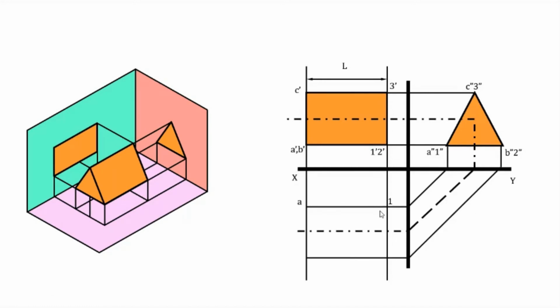This is point B and 2, and this C and 3 will coincide with the axis. So you can directly draw it as a continuous line. This is the top view. This is the final drawing.